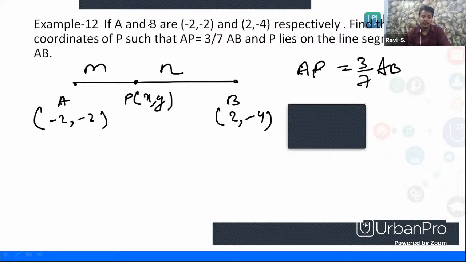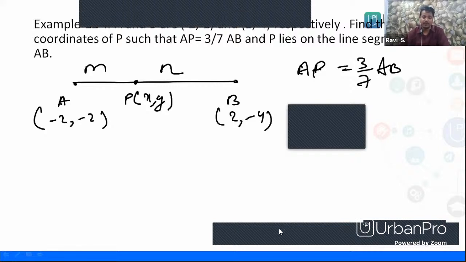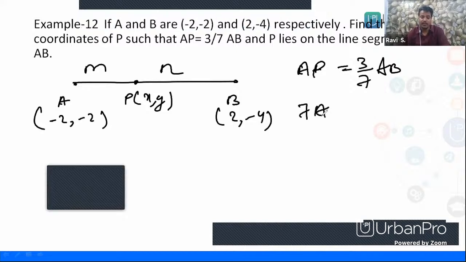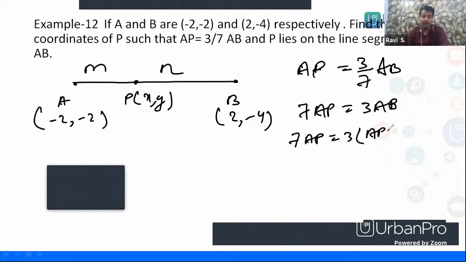So if I cross multiply it, this will become 7 AP, and here it will still remain AB, correct? Now what is AB, guys? Can I write AB as AP plus PB?